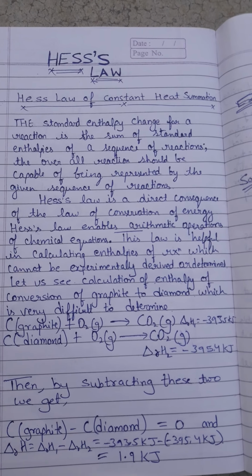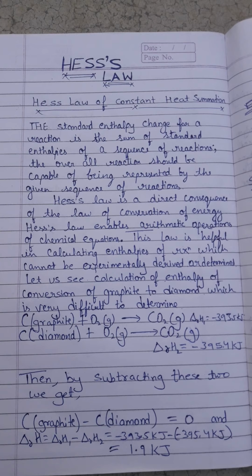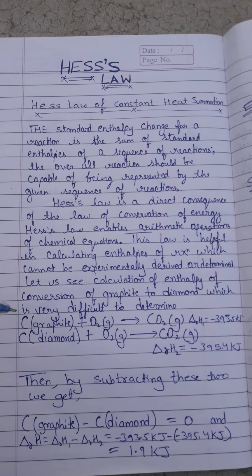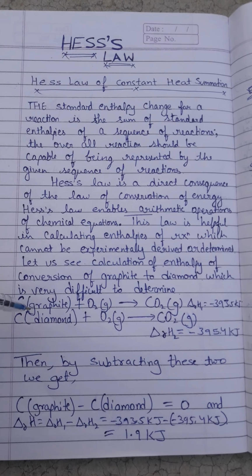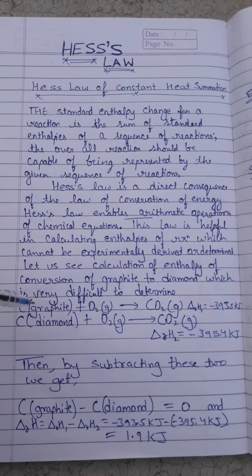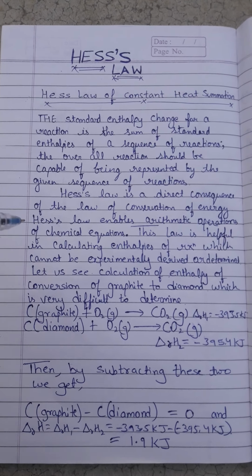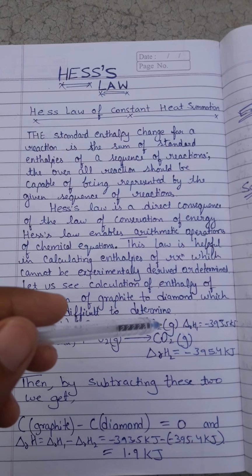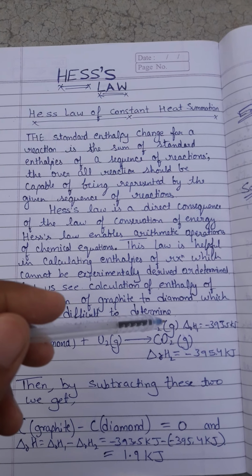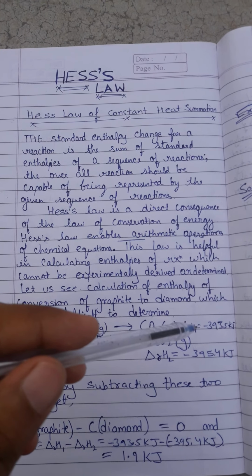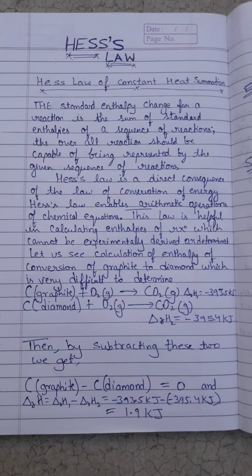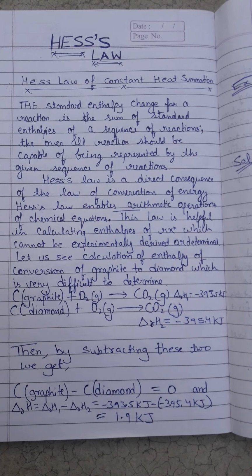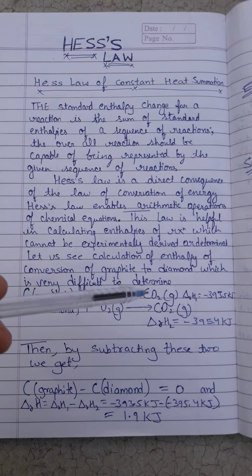Okay, let us see the calculation of the enthalpy of conversion of graphite to diamond, which is very difficult to determine directly. Here C, carbon in graphite form, plus O2 in gas form is equal to CO2 in gas form, where delta rH1 is equal to minus 393.5 kilojoule. You can say it is the standard enthalpy for conversion of graphite and oxygen gas into carbon dioxide.